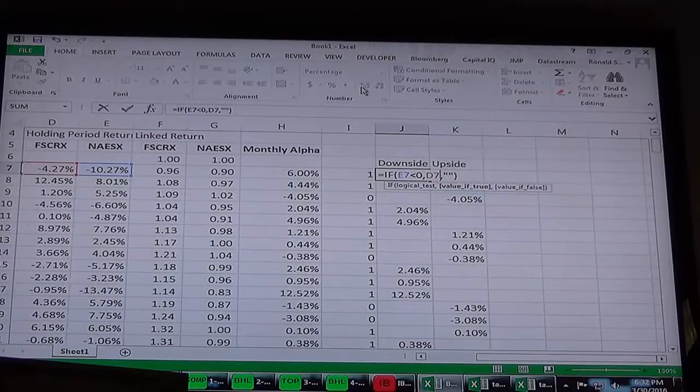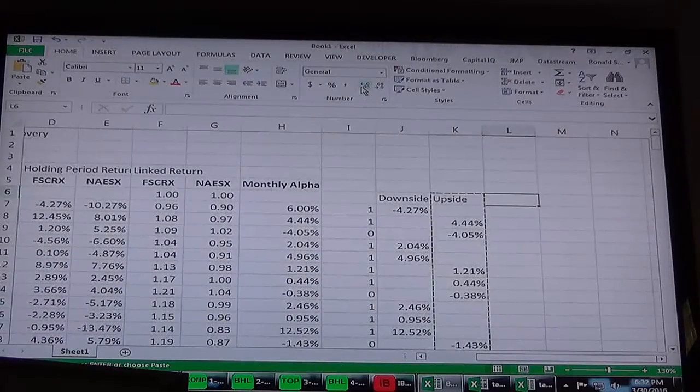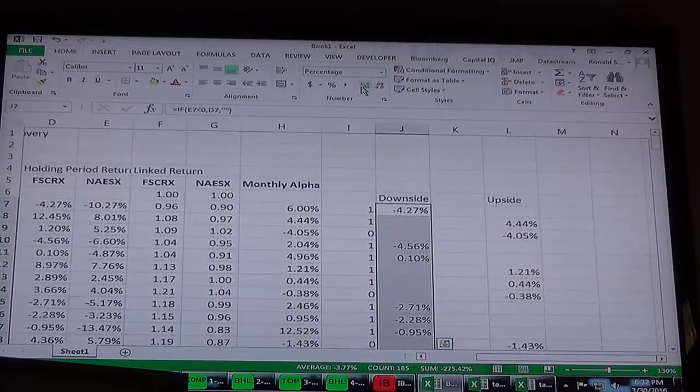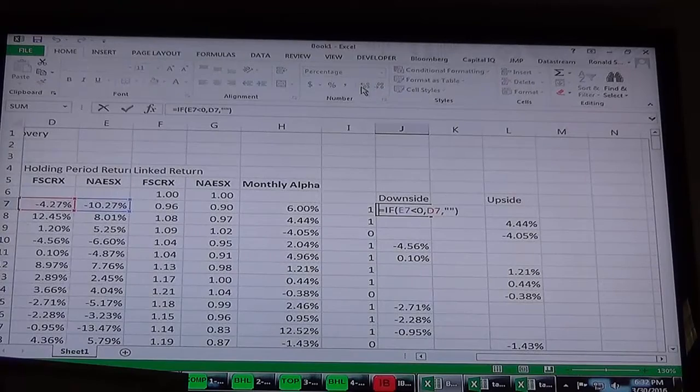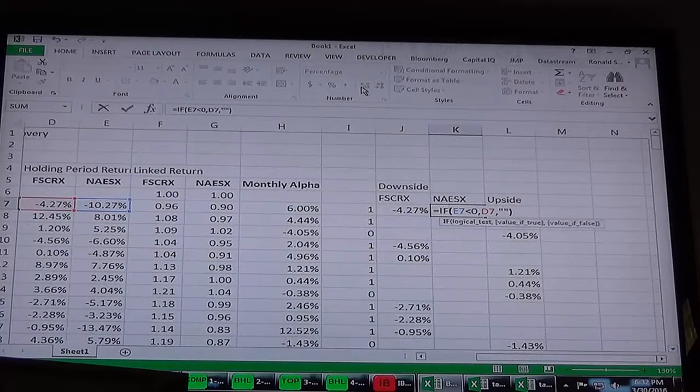I'm going to move this all the way over. Do the same thing here for Vanguard. So on the down market, here's how Fidelity did, and here's how Vanguard did. Vanguard is in E.